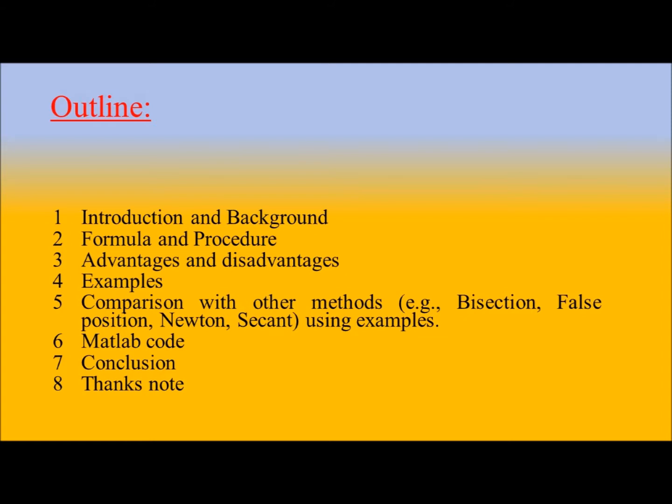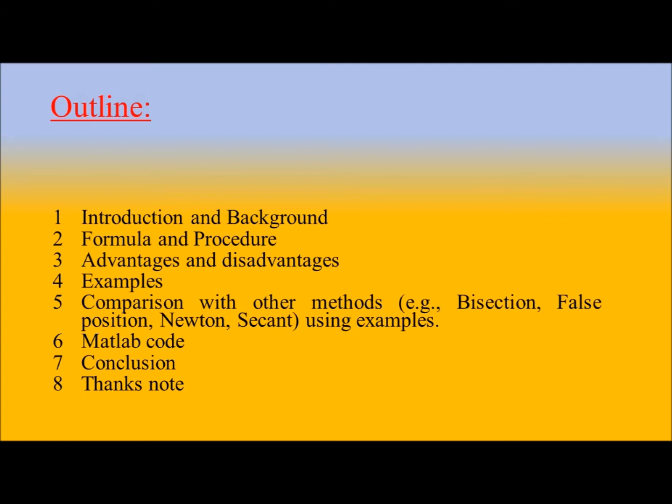After that, I will show not one but two examples for this method to explain it clearly, and I hope you will get a clear idea about this method from these two examples. And after that, in one example, I will show you the comparison of this method with the other methods.